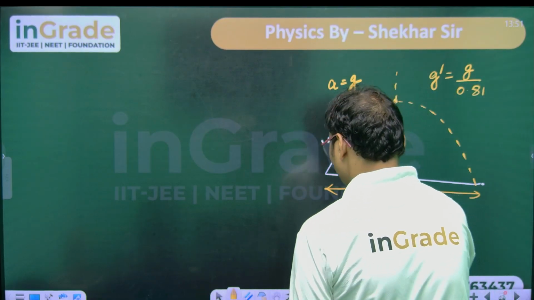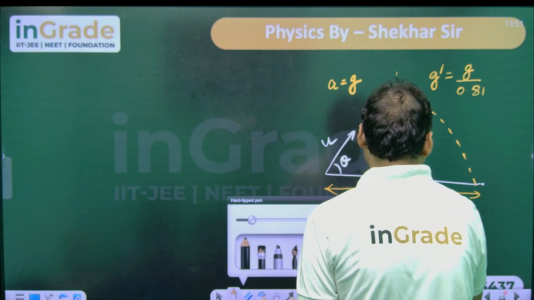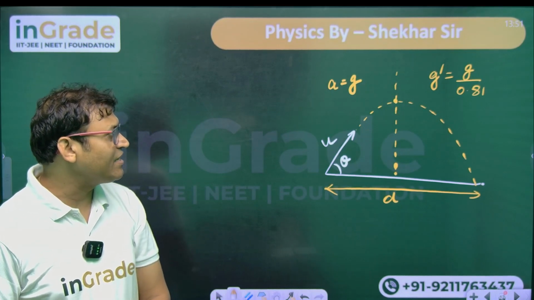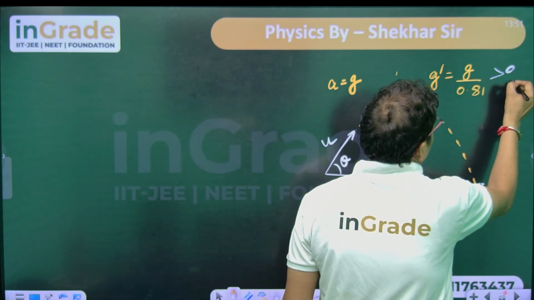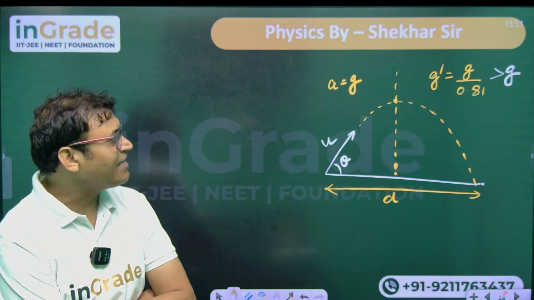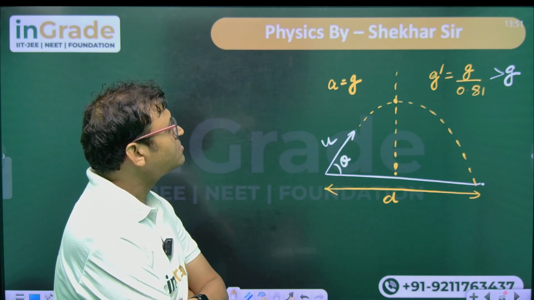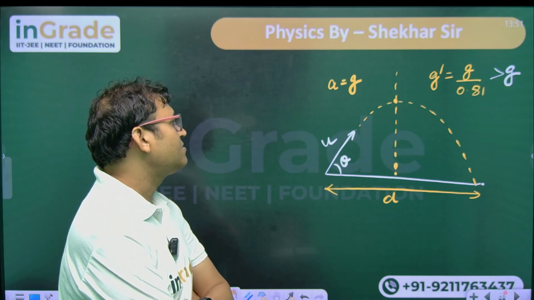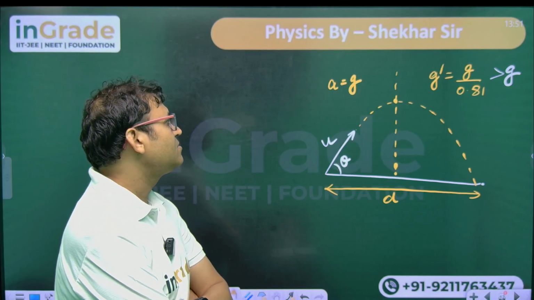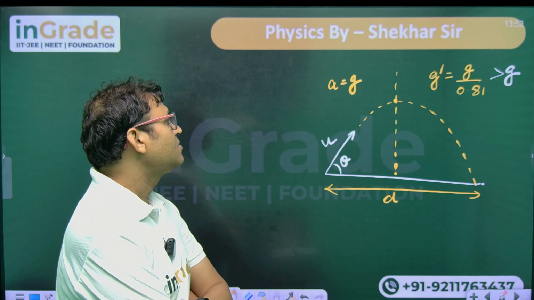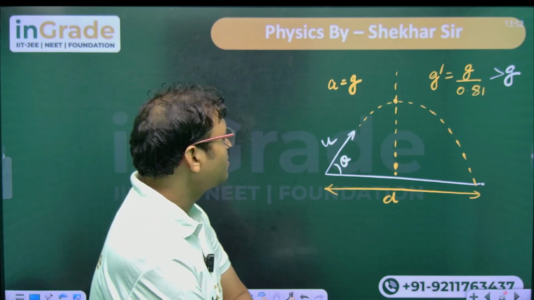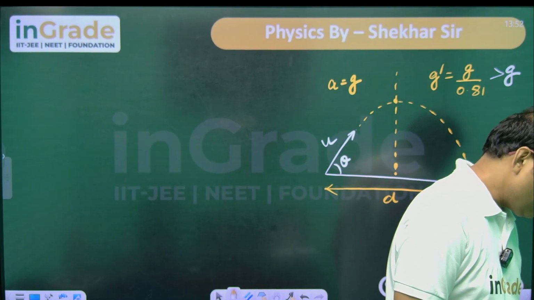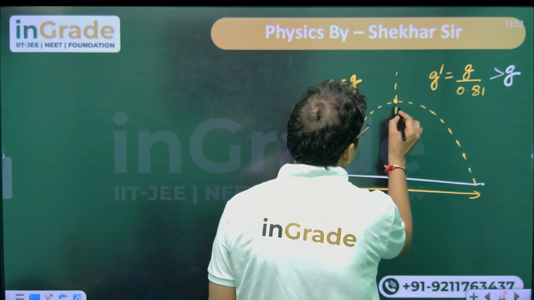The new range of the projectile motion: when the acceleration due to gravity increases, what happens to the range? The range becomes lesser, isn't it?